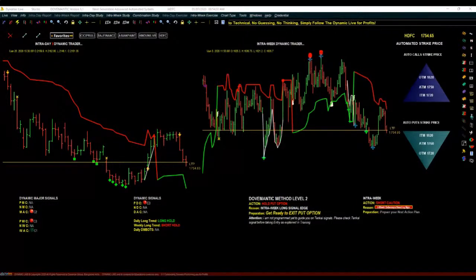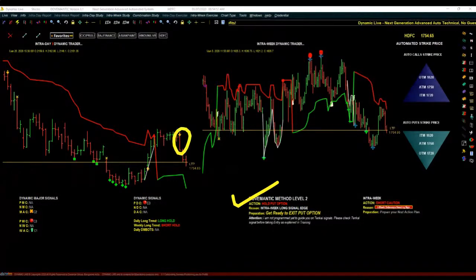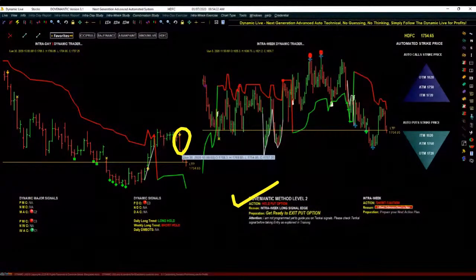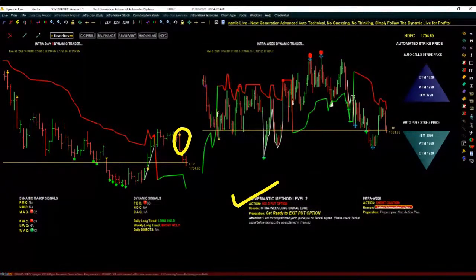Yes, so as you see here, HDFC is telling us to hold put option, and if you would have taken a put option once this intraday 3 speed signal gave a sell. It was on 30th June at around 14:30. The price was 1768.30, where you could have taken a put option there.